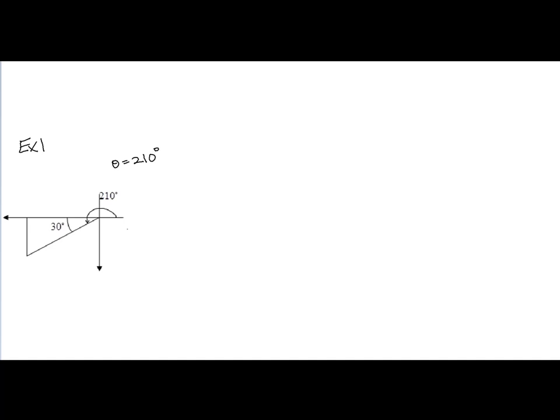And 210 is in quadrant 3 because it is 180, a straight angle, plus 30 degrees more, which gives you 210 degrees. Now the terminal side of 210 is here, and this terminal side with the x-axis forms a positive acute angle of 30 degrees, so 30 degrees is the reference angle of 210 degrees.